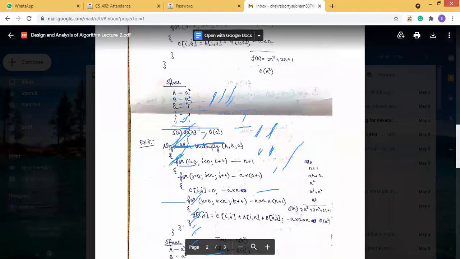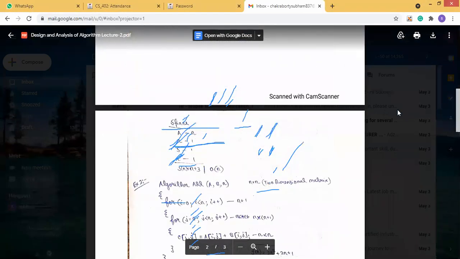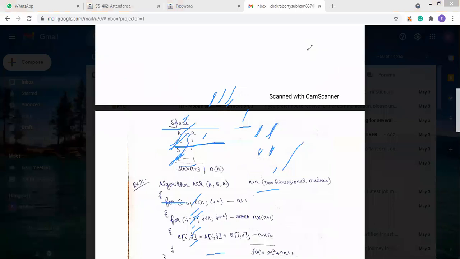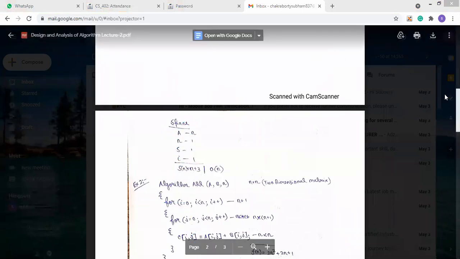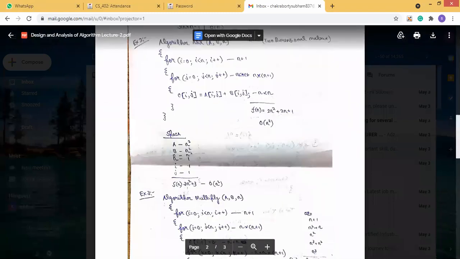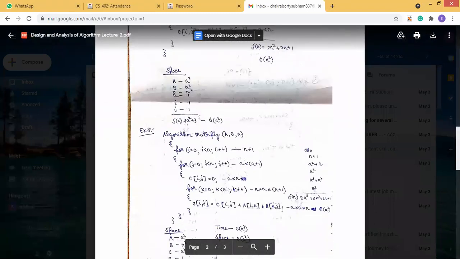Now, if there are 3 loops, like during the multiplication of a two-dimensional matrix, you have already seen that 3 loops are required.